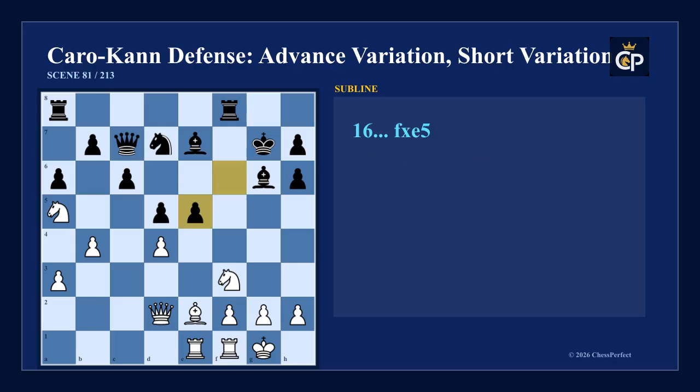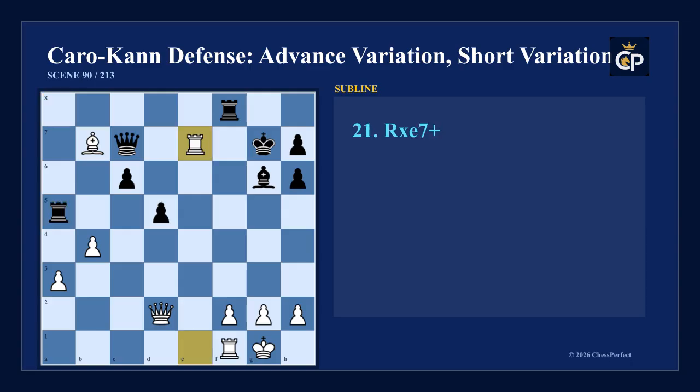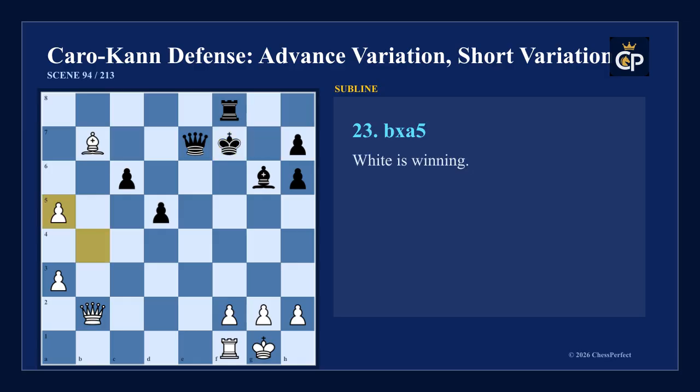F takes e5, d takes e5, knight takes e5, knight takes e5, queen takes e5, bishop takes a6, queen c7, bishop takes b7, rook takes a5, rook takes e7, check, queen takes e7, queen b2, check, king f7, b takes a5.